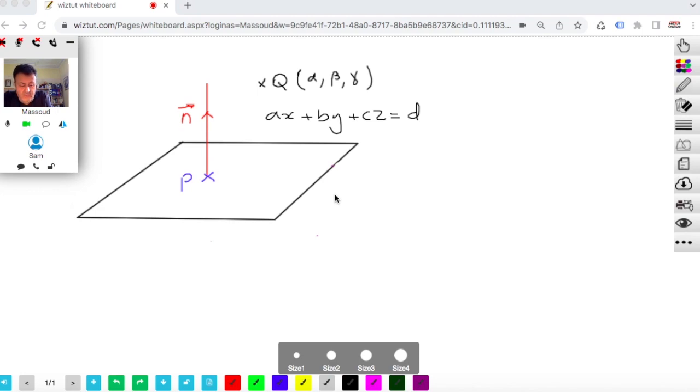I'm going to assume that this point has an x of 0 and a y of 0. I can choose that randomly, but then of course the z will have to be determined.